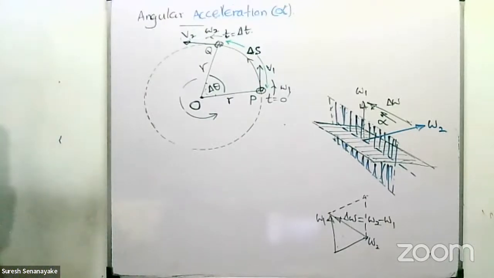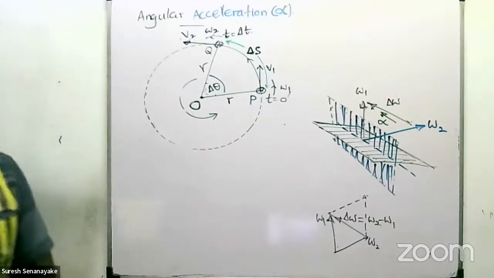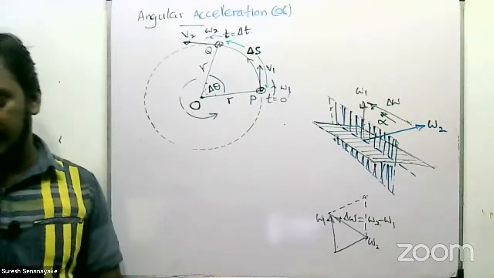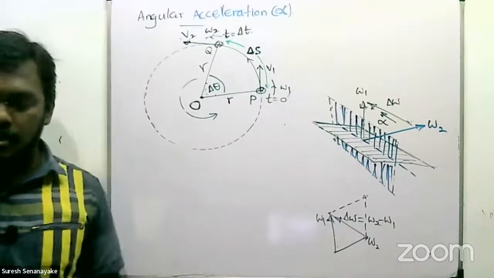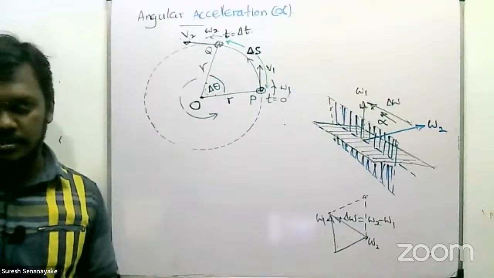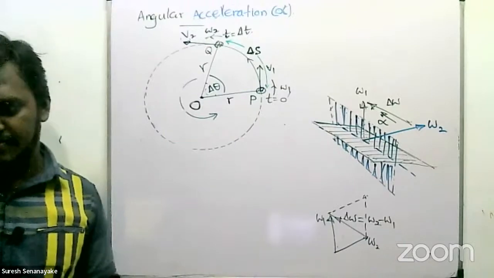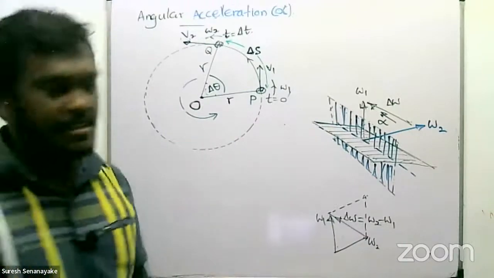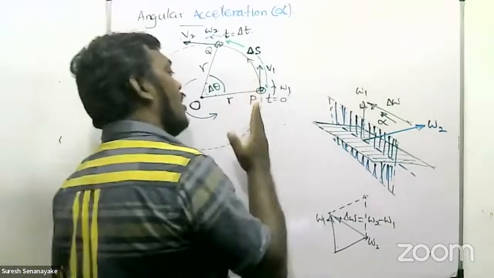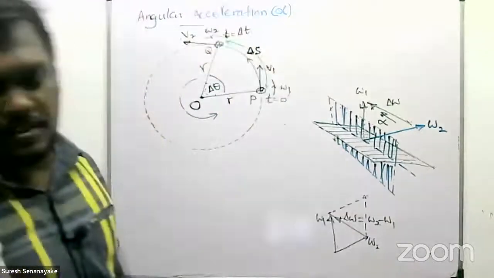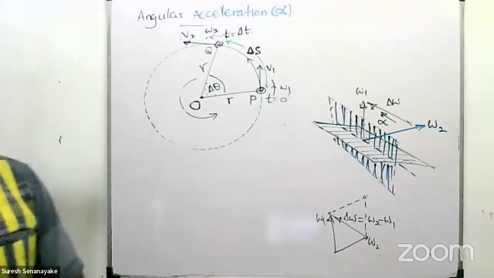Okay, the next term. We discussed angular acceleration. Now write the next term: the relation between linear, sorry, tangential acceleration and the angular acceleration. Linear acceleration means tangential acceleration, that is the acceleration along the tangential line at the considered moment.